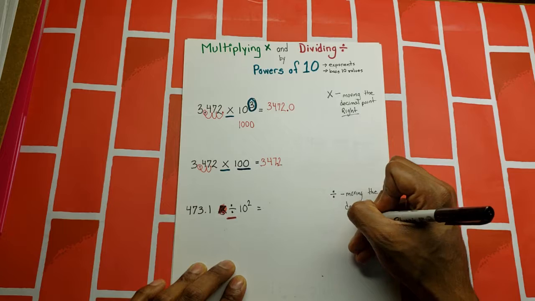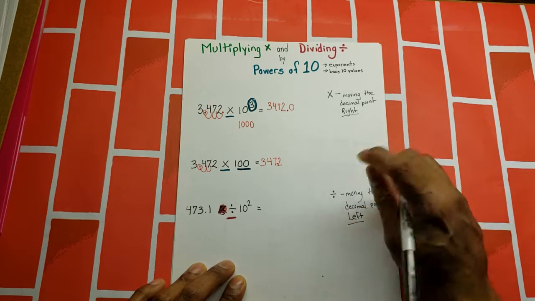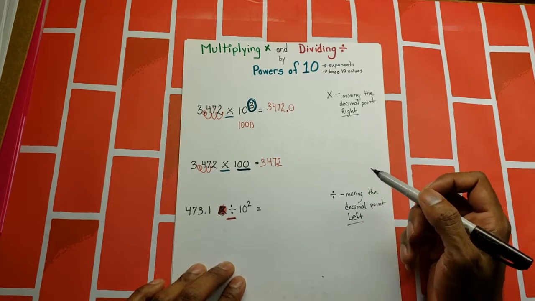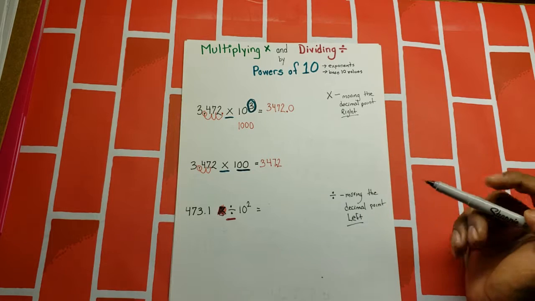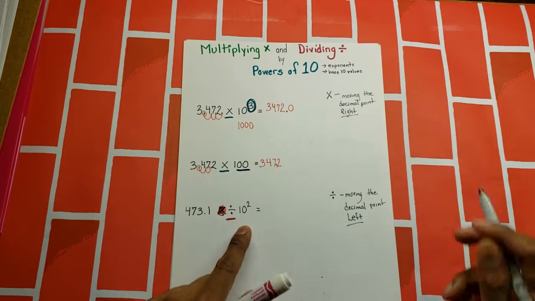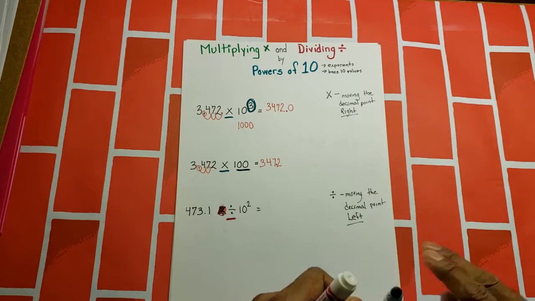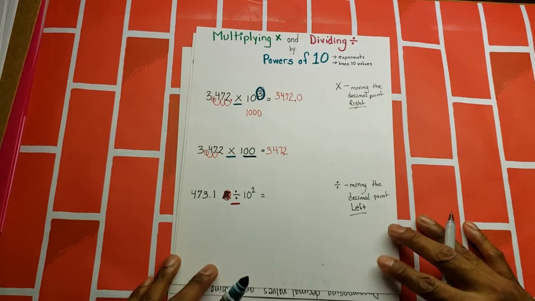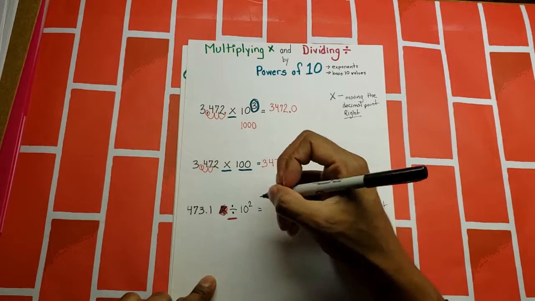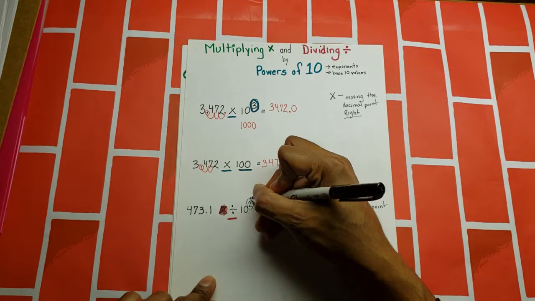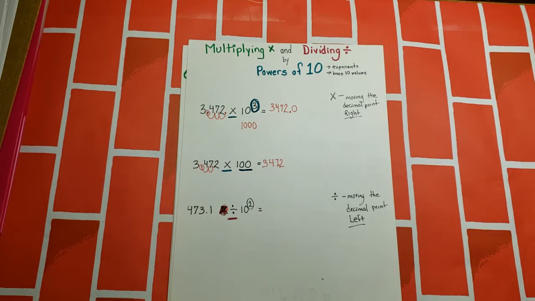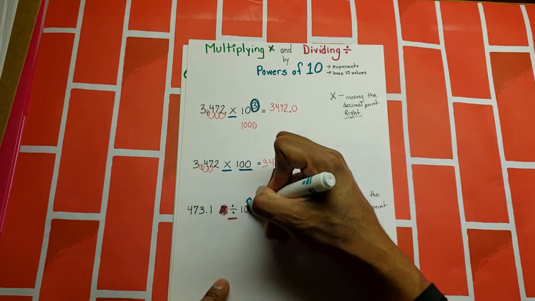Very important. When we're dividing, we're moving our decimal to the left. When we're multiplying, we're moving to the right. I'm going to identify my exponent, which is 10 to the second. So I'm going to circle that 2, letting me know that I am shifting 2 place values to my left.